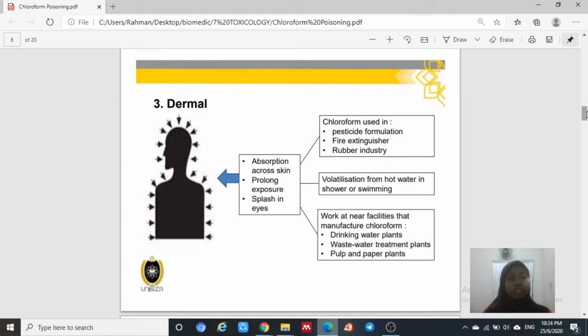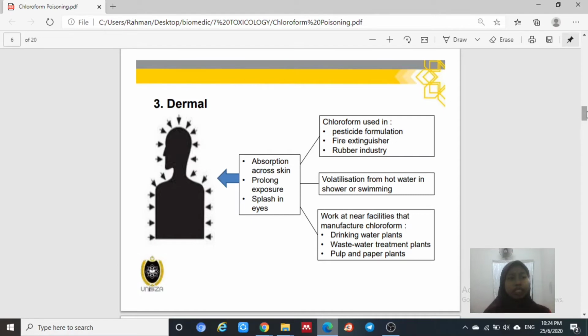How can the exposure through dermal contact occur? Usually, this exposure to chloroform occurs when it is absorbed across the skin, or someone has a prolonged exposure to this chemical, or this chemical is splashed in the eyes.